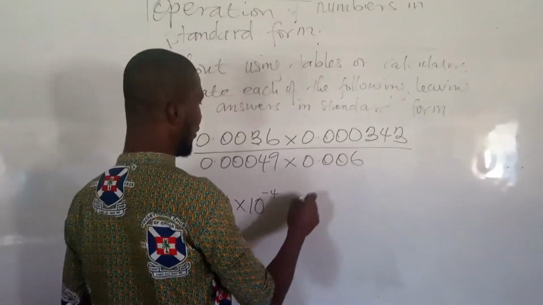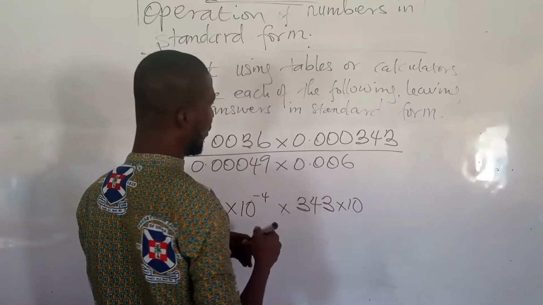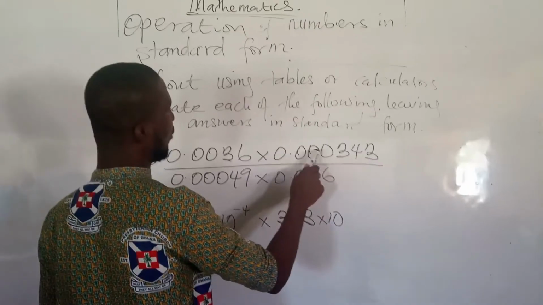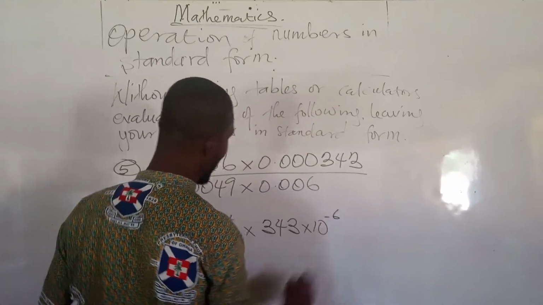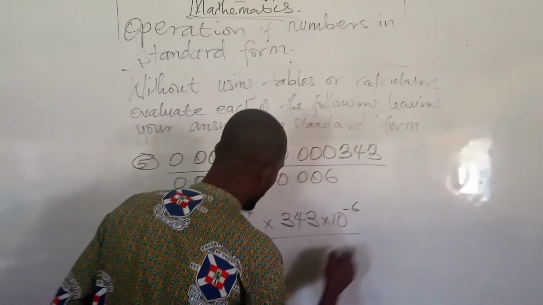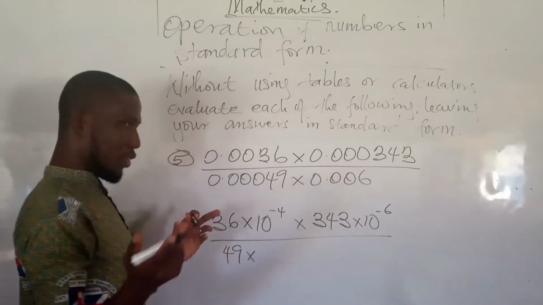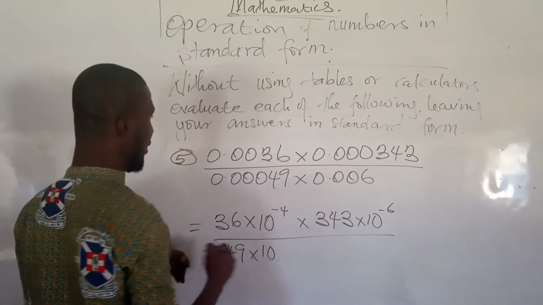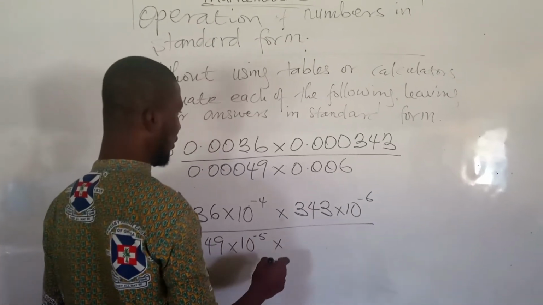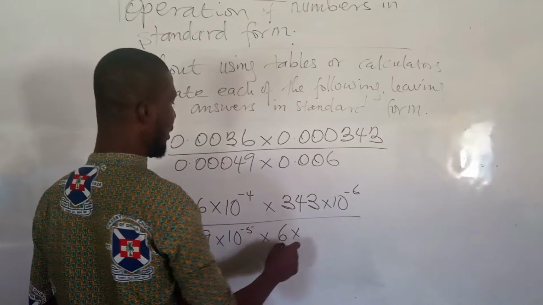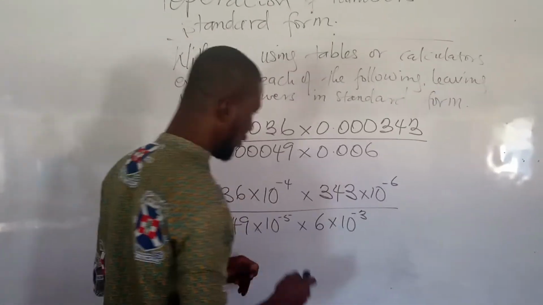Then times 343 times 10 exponent negative 6, since we are moving the point 1, 2, 3, 4, 5, 6 times to the right, all over 49, because we are looking for a whole number, times 10 exponent negative 5, times 6 times 10 exponent negative 3.